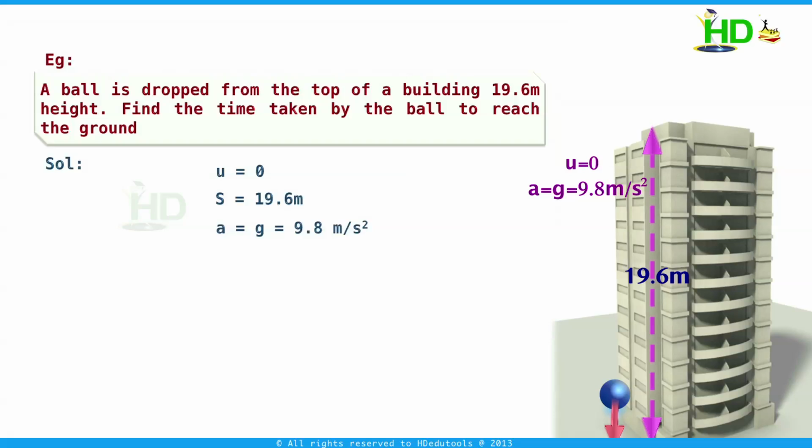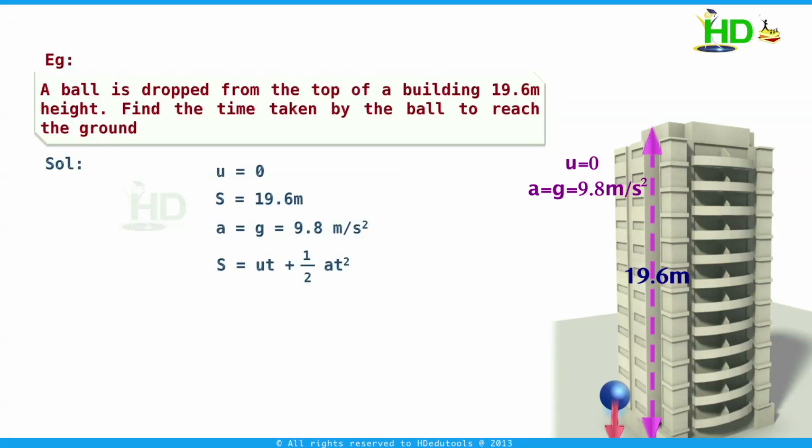We want time. Now we can apply the equation s is equal to ut plus half at square. In this problem, u is 0, s is equal to 19.6 meter and a equal to 9.8 meter per second square.